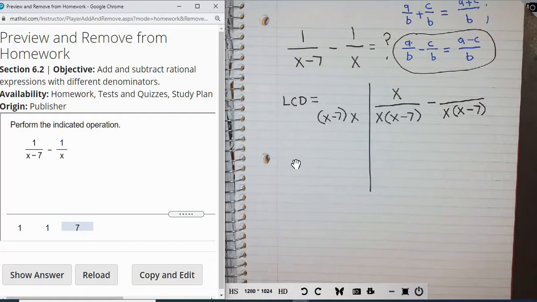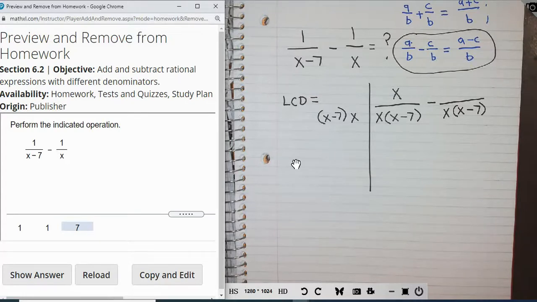To create an equivalent rational expression, I'm going to multiply the entire rational expression by x minus 7 over x minus 7, which is a form of 1, right?